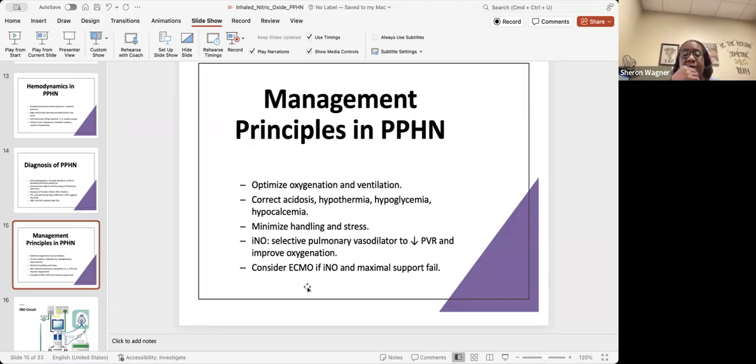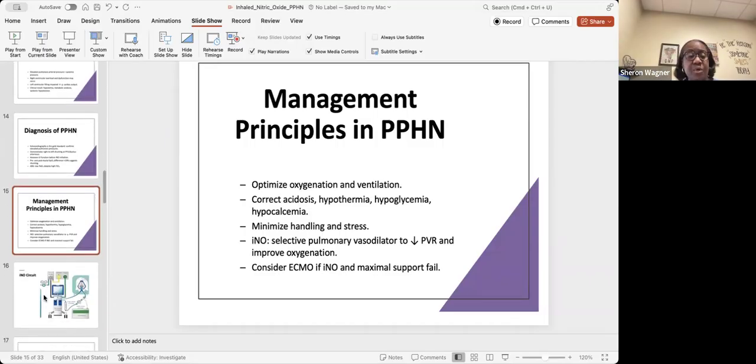Again, we talked about nitric oxide is a selective pulmonary vasodilator, so it's going to target the vessels in the lungs and not generally cause systemic hypotension. If nitric oxide fails to help this baby, the next step would be, of course, ECMO, which I don't know if that's a service that is offered in your area, but for us, it would be an option for your baby.